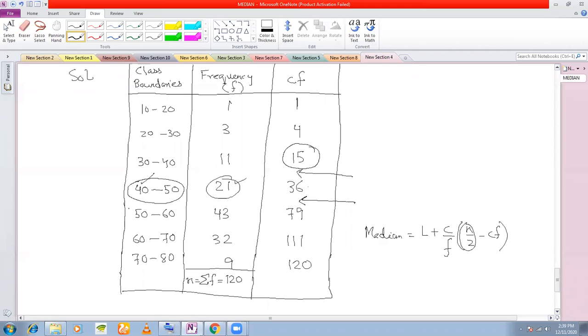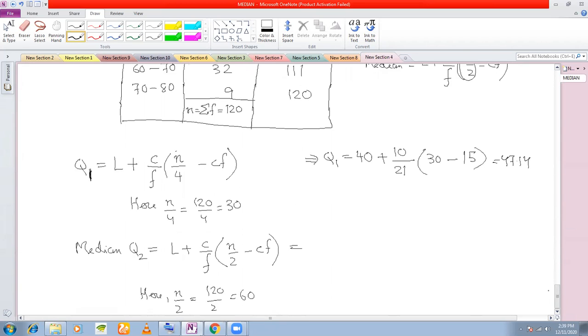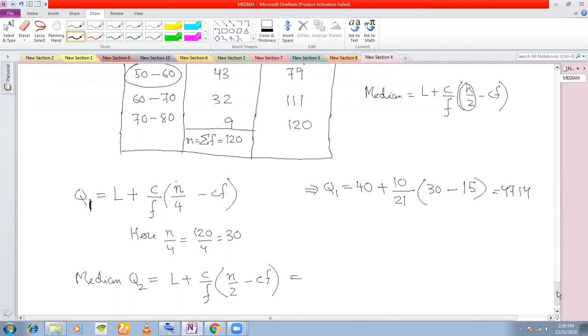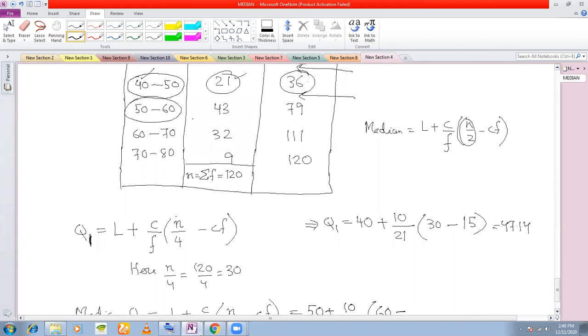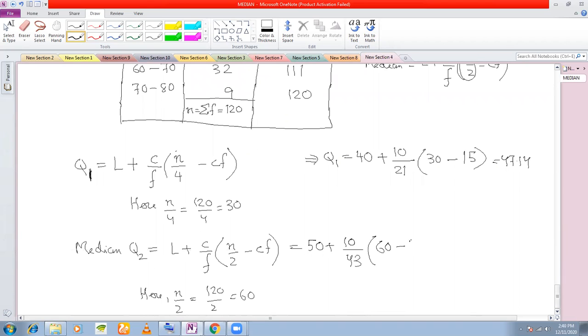So we are going to consider this class for Q2, a median. What is the lower limit here? 50 plus class width is 10. Frequency is 43. N by 2 we have found out to be 60 minus, and the cumulative frequency just above this class. This is 36. That's it. So you get your median value as 55.58.